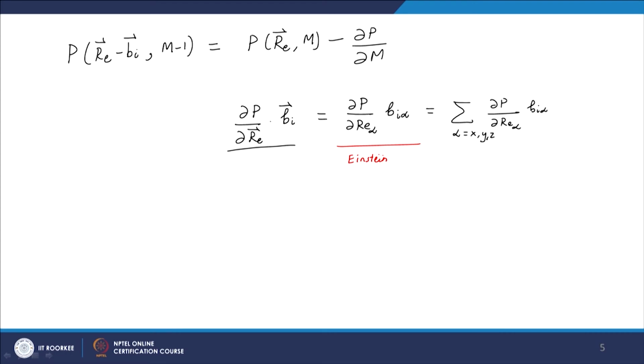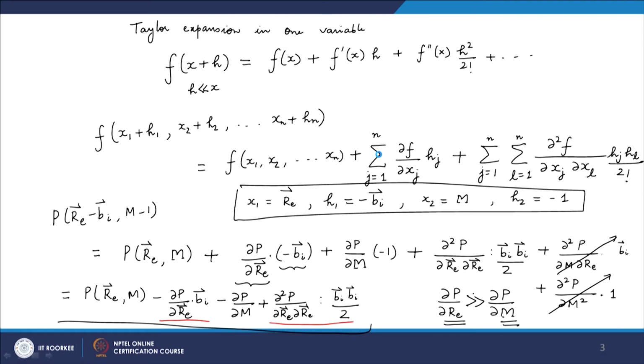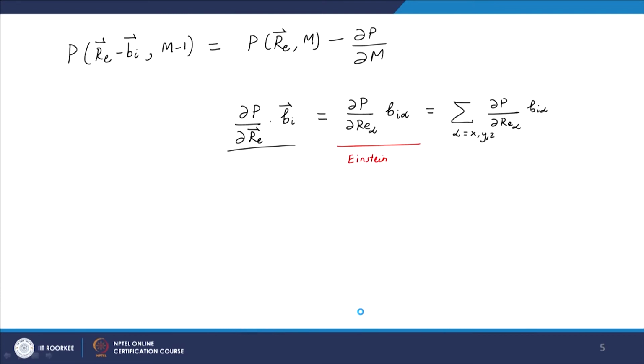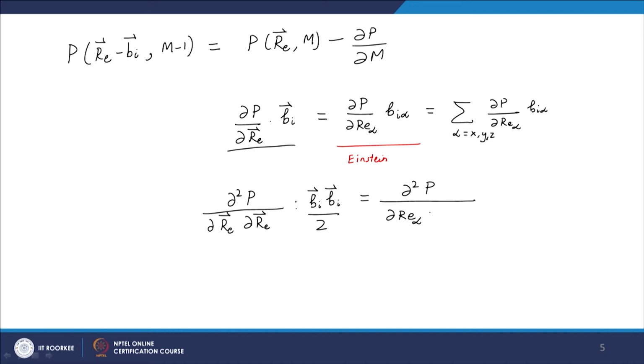Similarly, we had one more term of second order here that you can see. So, let us see what it will become. So, we had second order derivative and then there are two dots which I will write as, and there was a divided by 2 here.